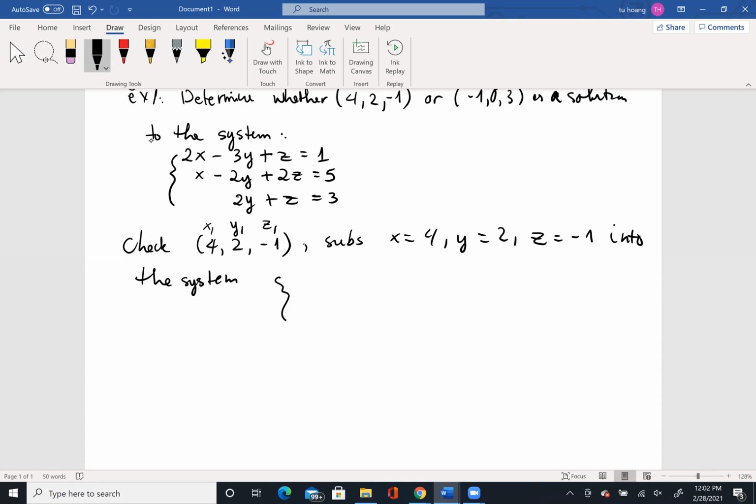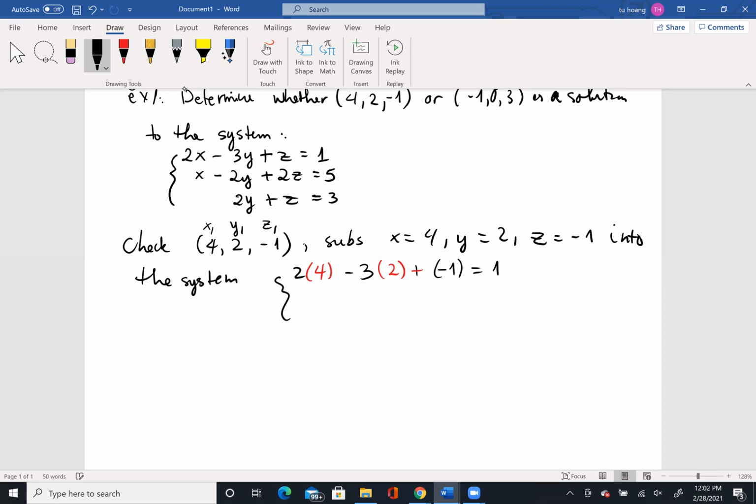I have 2 times x, which is now 4, minus 3 times y, now equal to 2, and then plus z, which is -1, equal to 1.